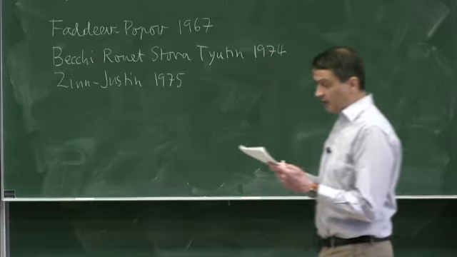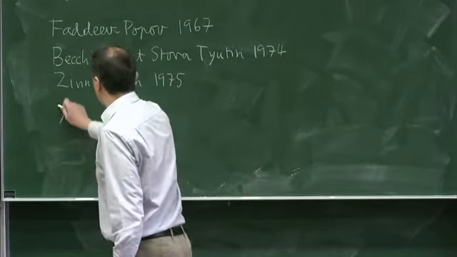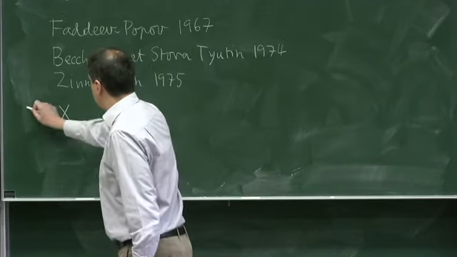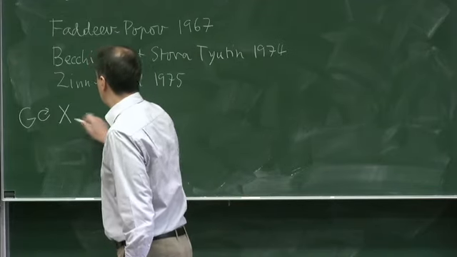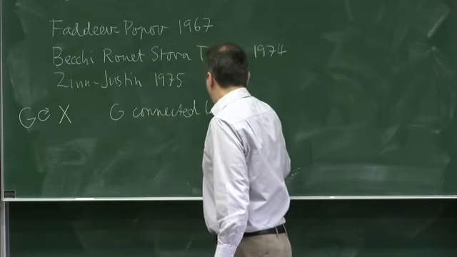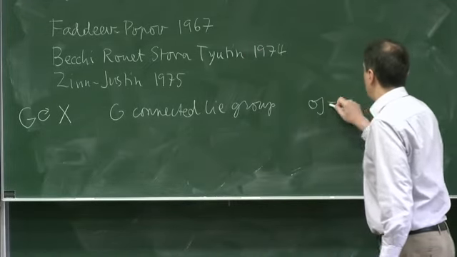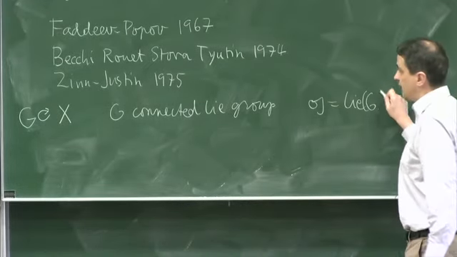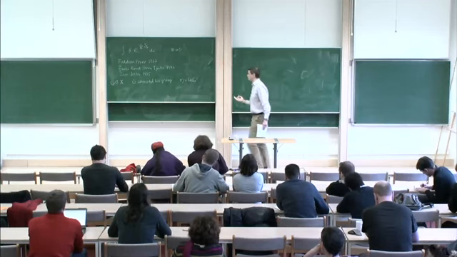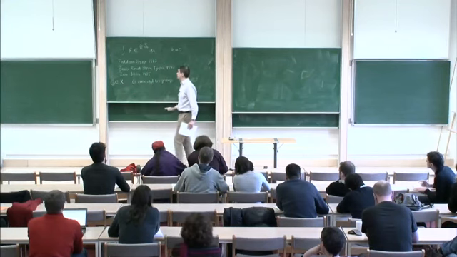So let us consider a simple situation where you have some manifold or variety X, and you have a connected group action. g is the Lie algebra of G, and let's think about the nicest situation where X is some principal G bundle.